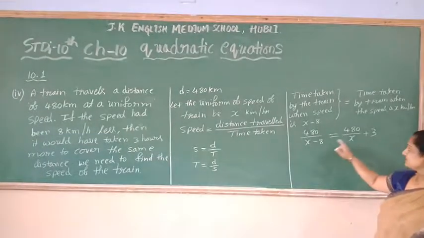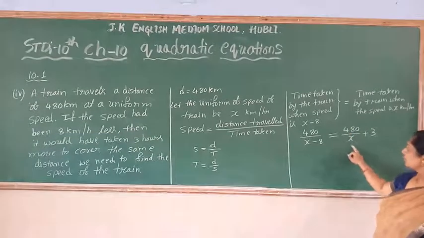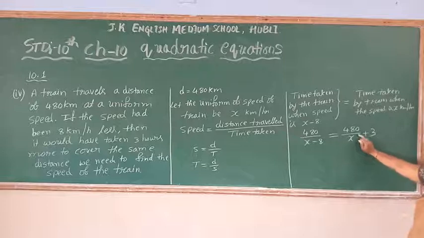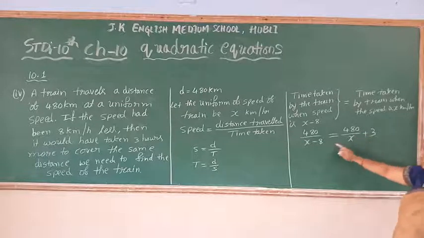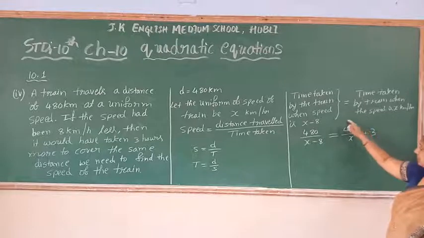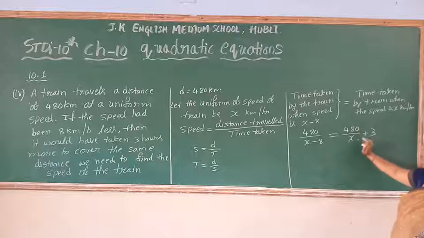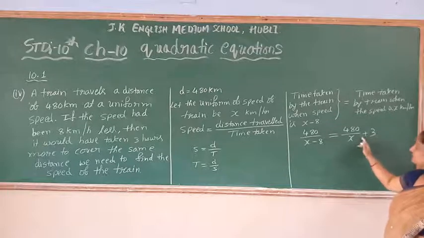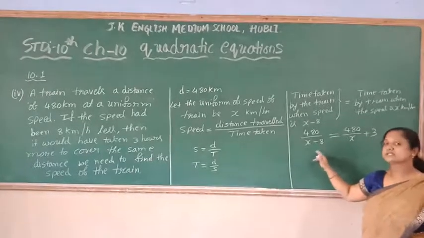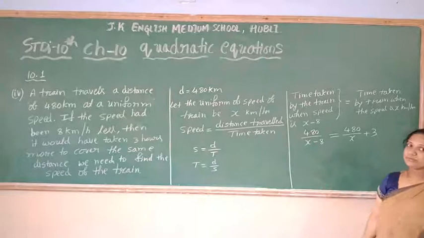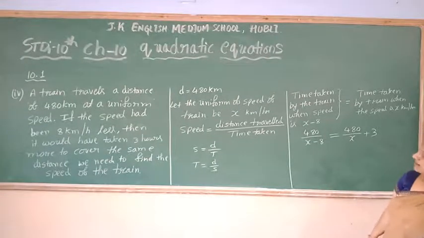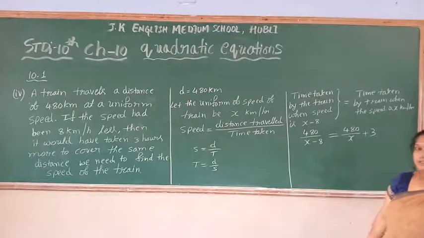That is compared with the time taken by the train with the uniform speed x kilometer per hour, the time to travel the distance 480 kilometer. It takes 3 hours more when the speed is decreased by 8 kilometer per hour. So according to the statement we have to write the equation.